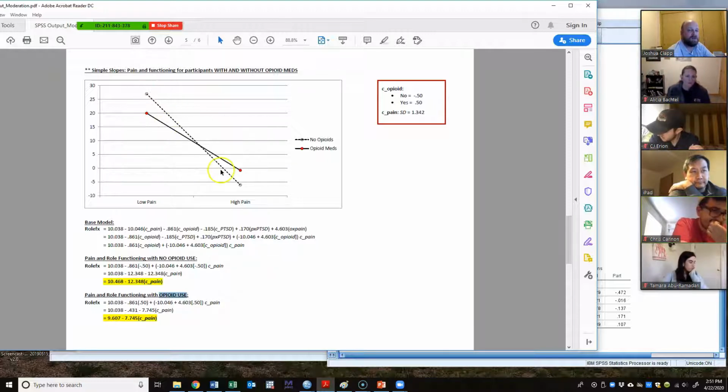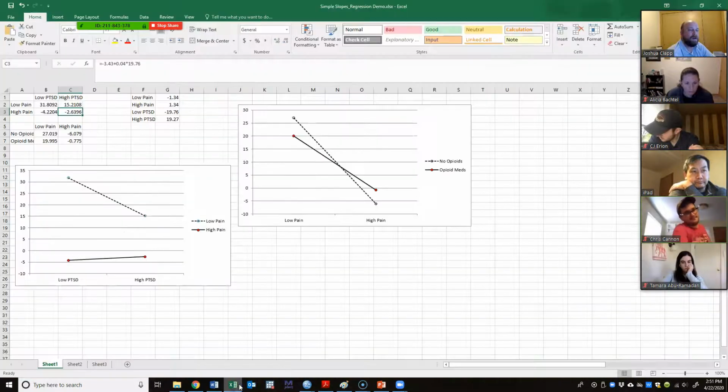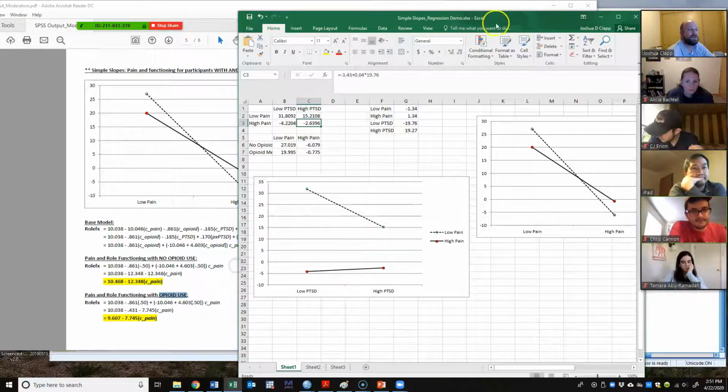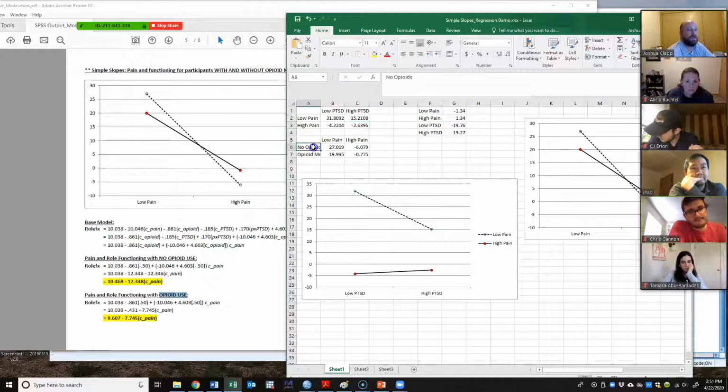This is what things are looking like in our graph. We're just substituting our simple equation for no opiate use, so it's 10.47, 12.35.